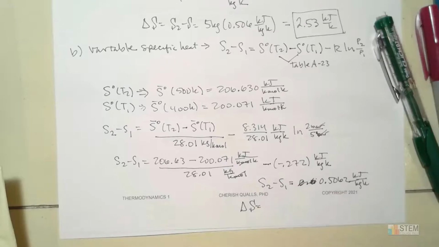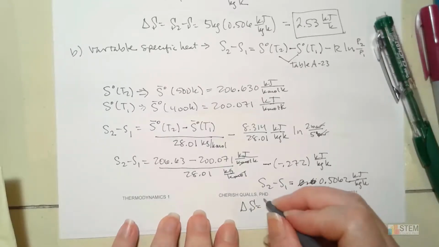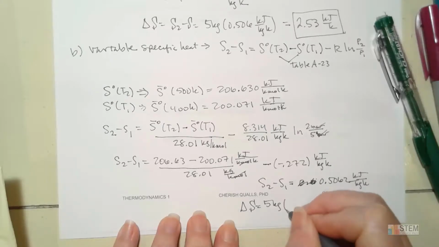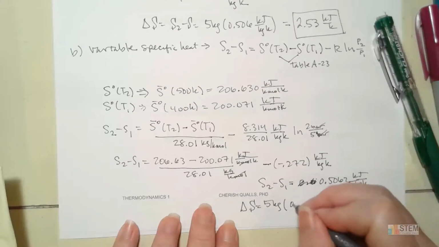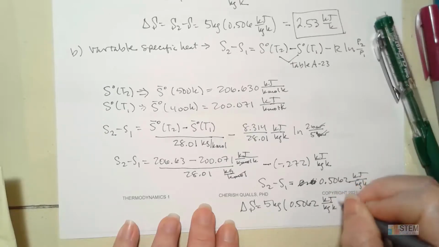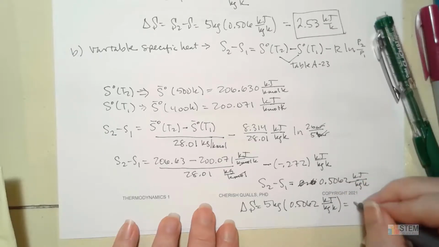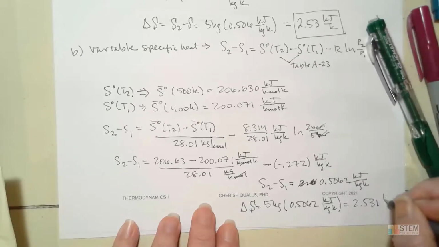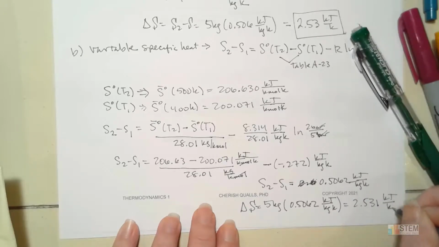So what do we do? We multiply by the mass, right? That gets rid of the kilograms. So we've got 5 kilograms, and then we multiply by 0.5062, and that gives us 2.531 kilojoules per Kelvin. And there you have it.